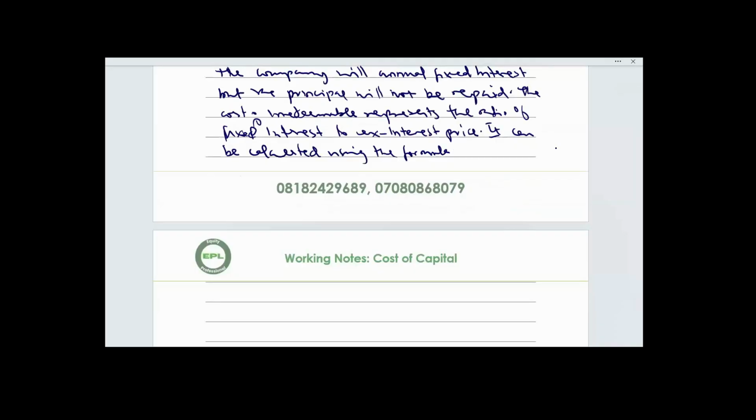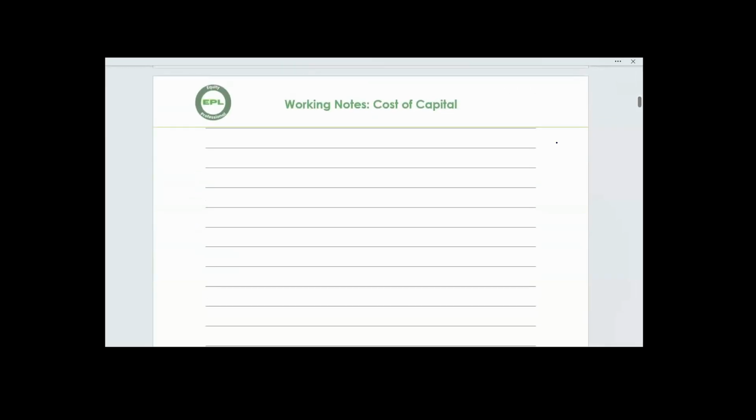It can be calculated using the formula below, depending on whether or not there is tax. So let's talk about each of them. Number A, where there is no tax.